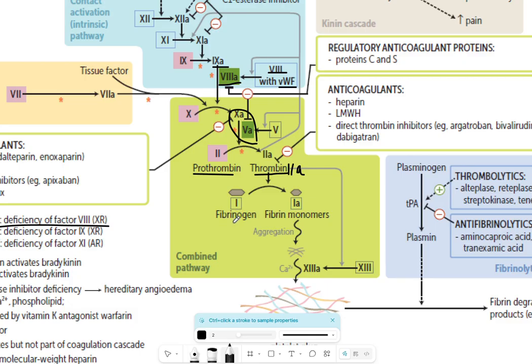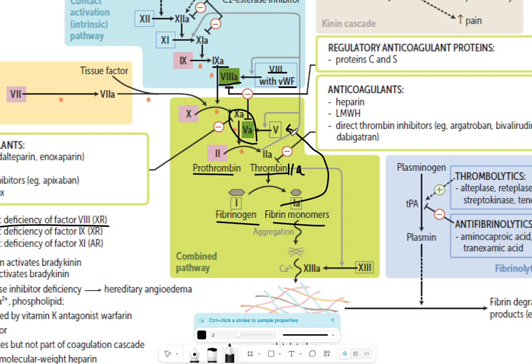As you can see, it converts this fibrinogen into fibrin, fibrin monomers. And what this does is it activates more 5 to 5A, right? So this fibrinogen to fibrin goes and converts more 5A from the 5, right?